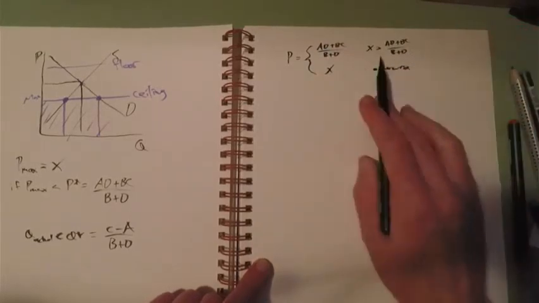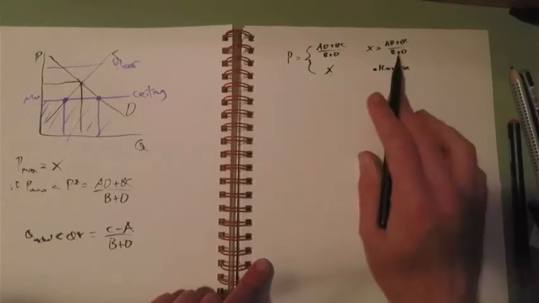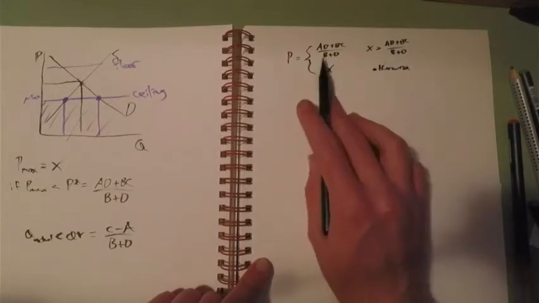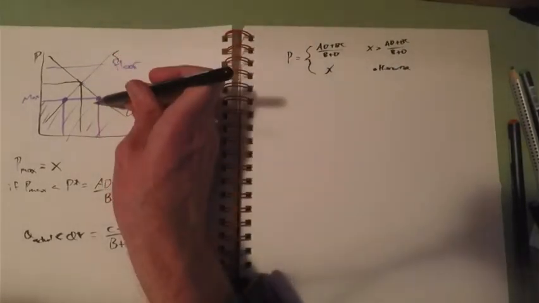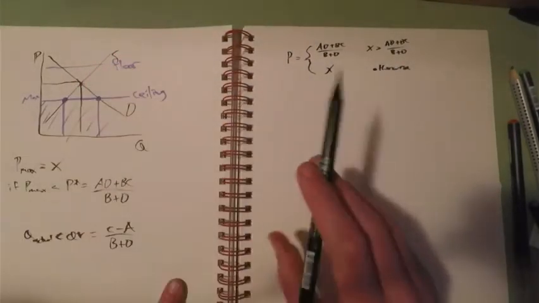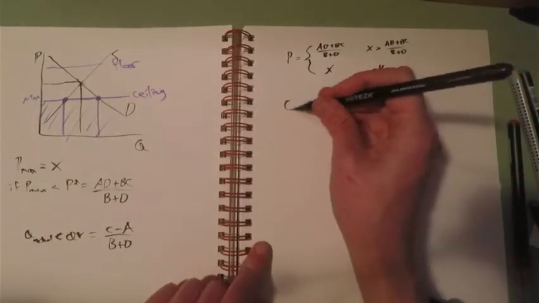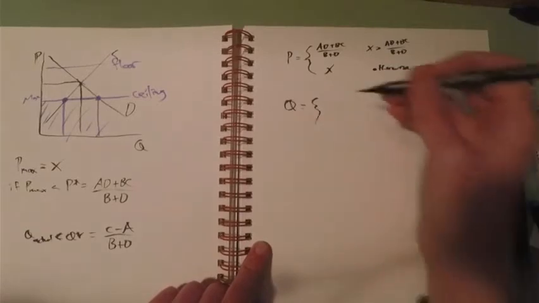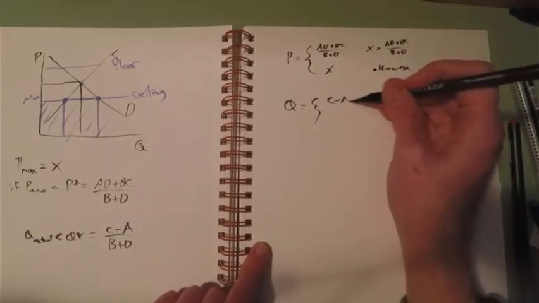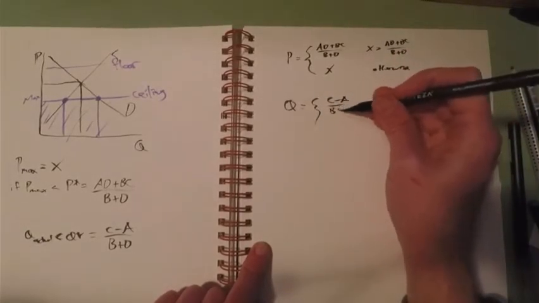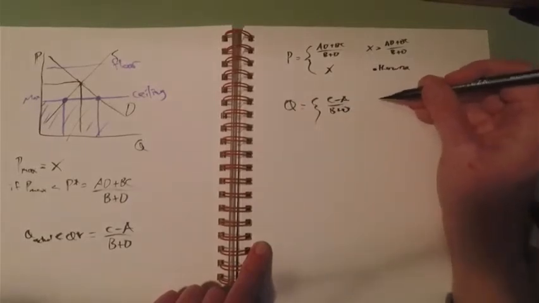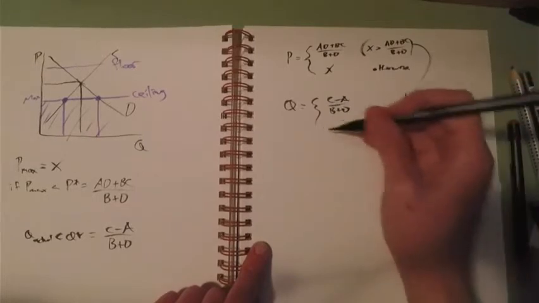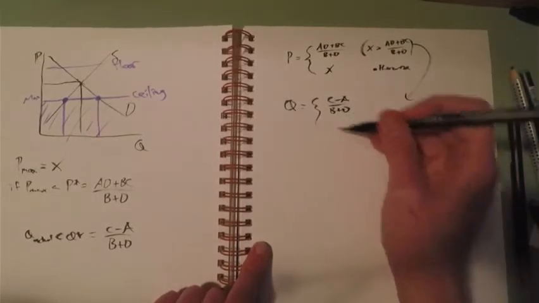Right, so if X is equal to this, then we have a price that is that. But if this point is higher than this maximum price, then we have this. And our quantity, again, we can say is going to be C minus A over B plus D if the same thing, right?